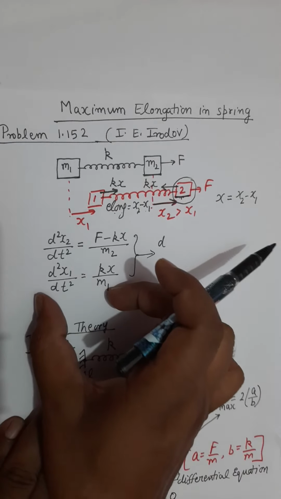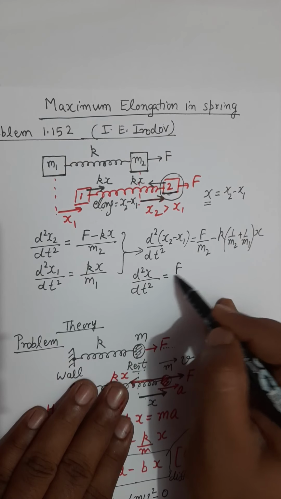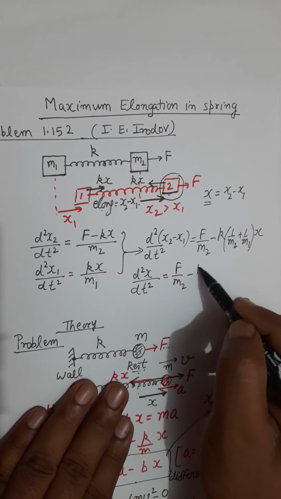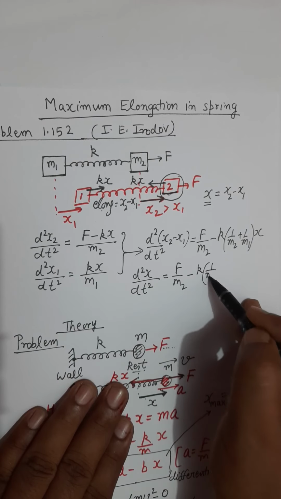Notice that x2 minus x1 is equal to x. So you get d2x by dt2 is f over m2 minus k times 1 over m2 plus 1 over m1 times x. Now think, this differential equation is exactly similar to this equation.